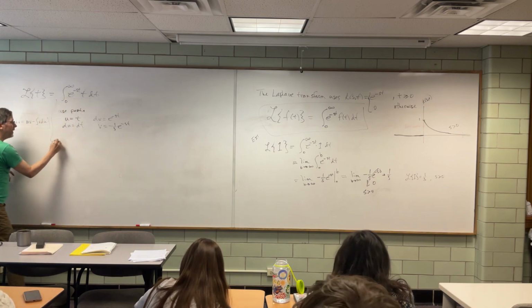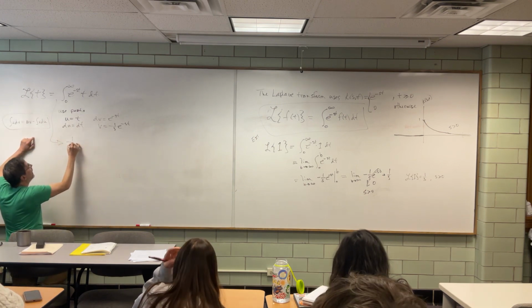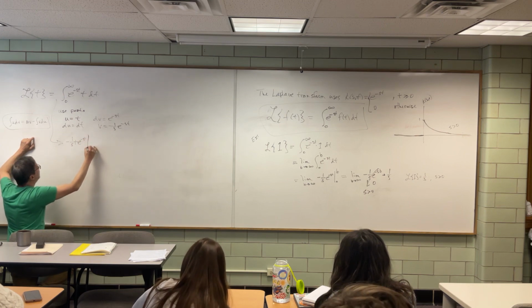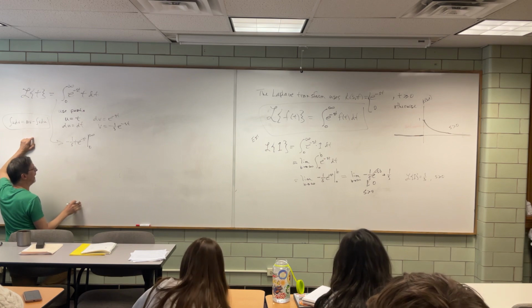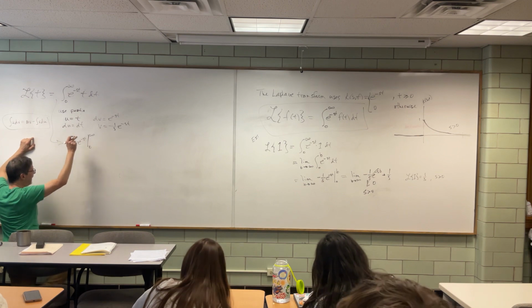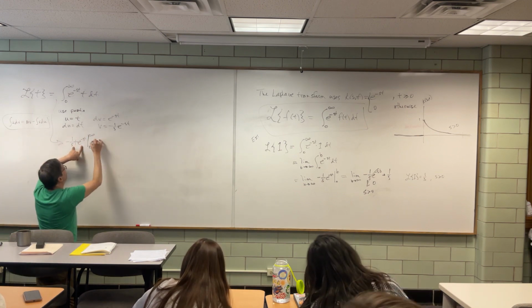So this is going to equal u times v, so negative 1 over s t e to the negative st, and now here's where I get abusive. 0 to infinity. I'm just going to pretend like infinity is a place, but I'm going to keep in mind that's a limit I'm taking. And then minus becomes a plus.